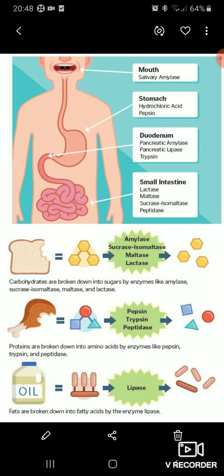Second largest gland which is present in our body is called pancreas. Pancreas is a diffuse leaf-shaped gland. It is about 16 centimeter long and 2.5 centimeter broad. It weighs about 60 grams. It is a compound gland formed of exocrine part and endocrine part.